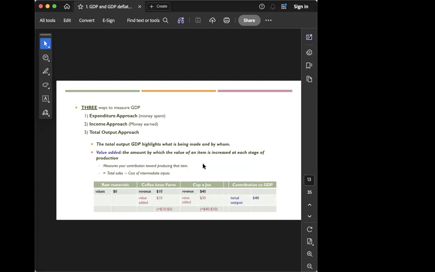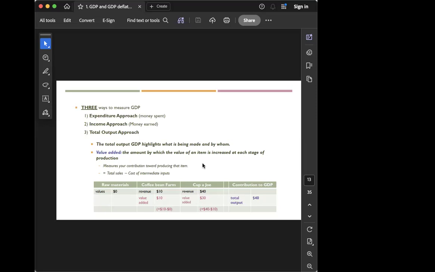This approach focuses on the value added at each stage of production. Here, value added means the amount by which a firm increases the value of the product. So the formula is very simple: value added equals total sales minus the cost of intermediate inputs.